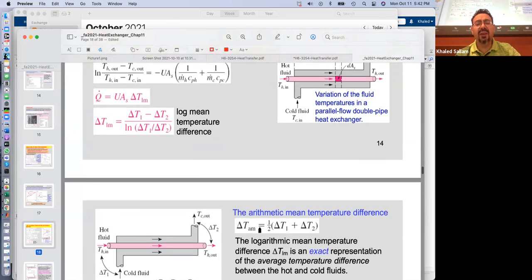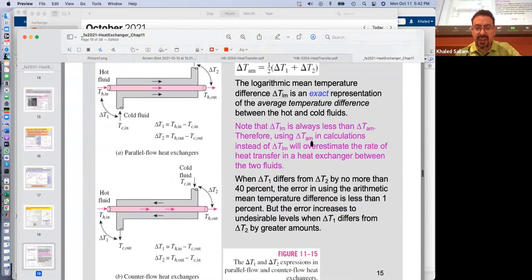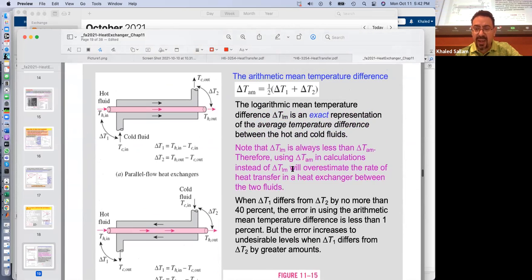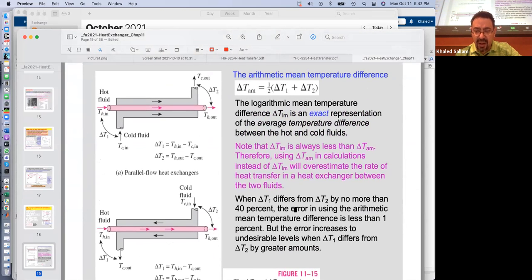As a matter of fact, I think the book is saying here that the mathematical average will work as long as the difference is about 40%. Look at that, 40% difference. You think that's too big? Like one of them is twice the other, more or less. And that will give you an error of 1%.